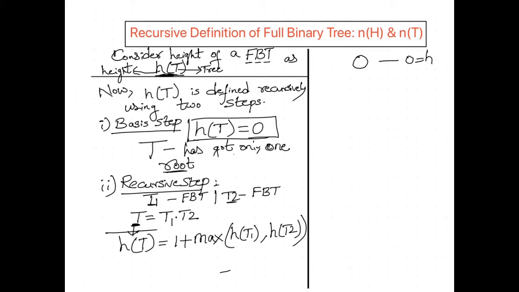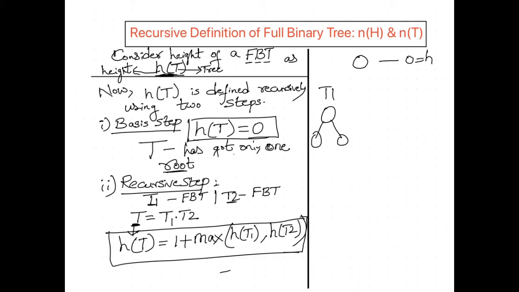So this is the recursive definition to find the height of a full binary tree. Let us see how. I am taking a T1 tree. This is T1 tree. This is T2 tree. So I want to combine these two trees.